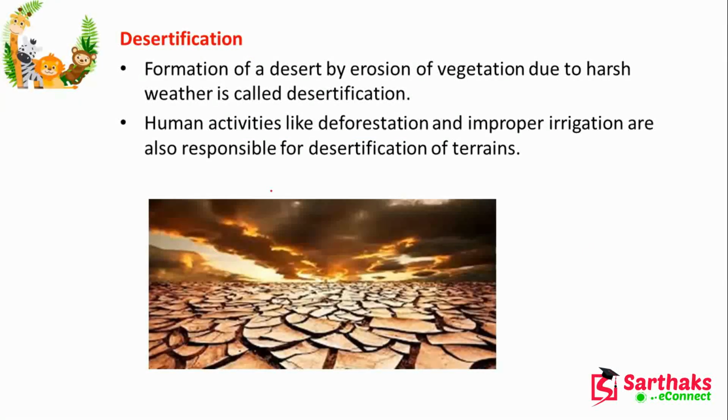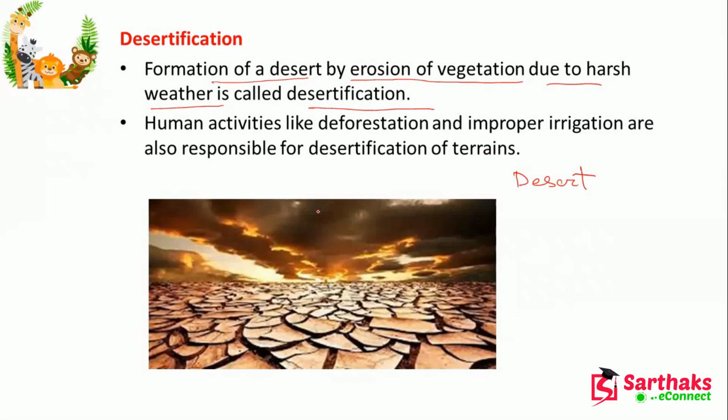Now, desertification, the formation of desert. If there is drought for several years, you can see that the place becomes desert. Formation of desert by erosion of vegetation due to harsh weather is called desertification.